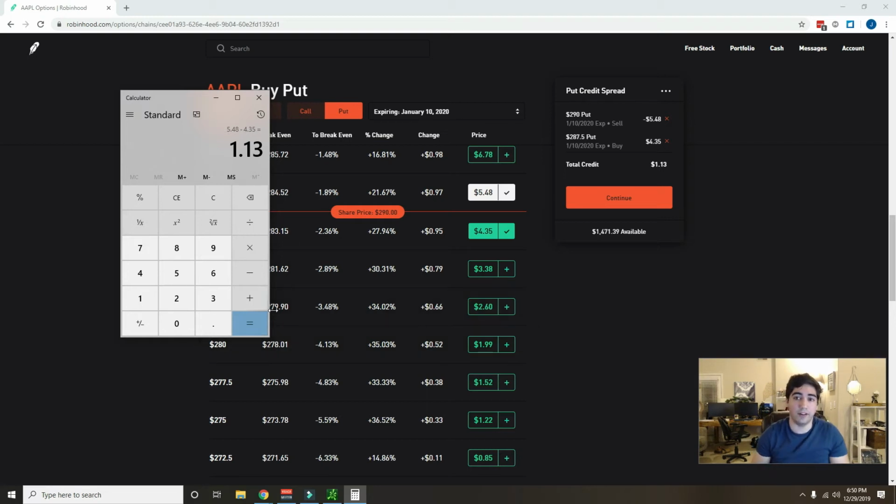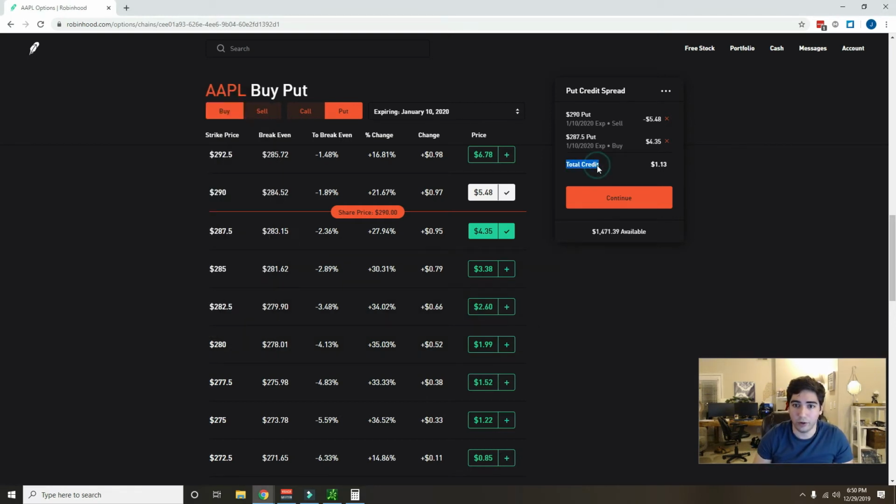So I'm actually getting $1.13 total credit in a contract, 100 shares, so 113 bucks. Now, when you sell and buy a put, this is the one I'm selling, this is the one I'm buying, it automatically turns it into a put credit spread. I hit continue.